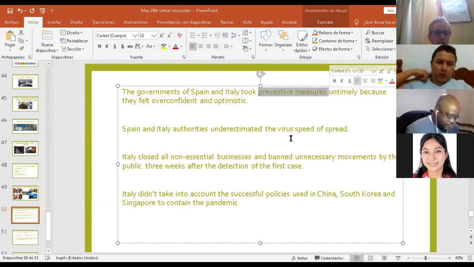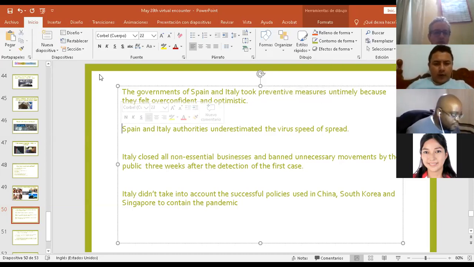Yes, Henry, please try with the second one. Okay, so it says Spain and Italy authorities underestimated the virus's speed of spread. The virus was underestimated. Oh, wait, hold on.